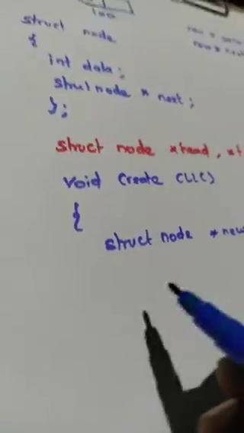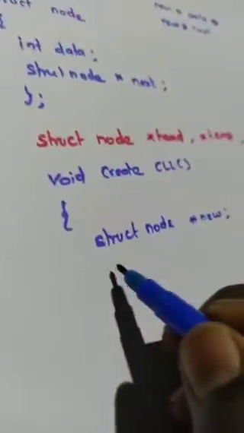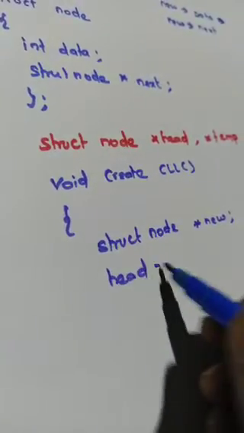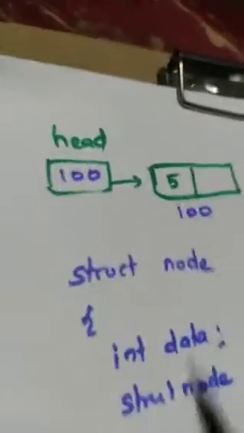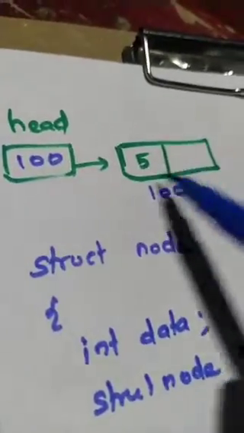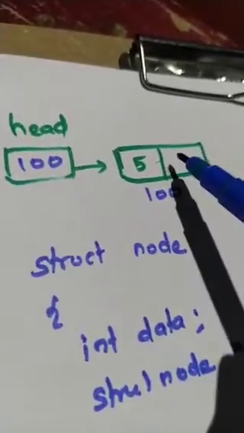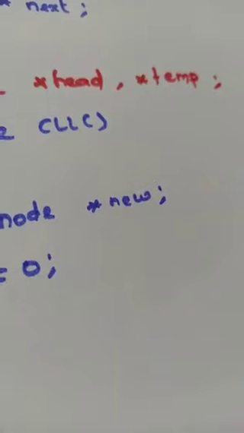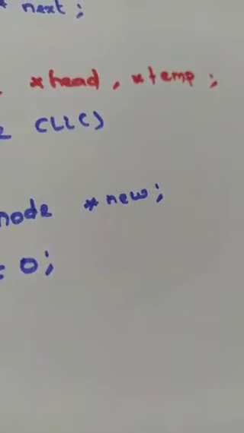Then initially the head value will be 0, because initially I don't have any data. Initially head will be null. See, initially I don't have any data in the list.